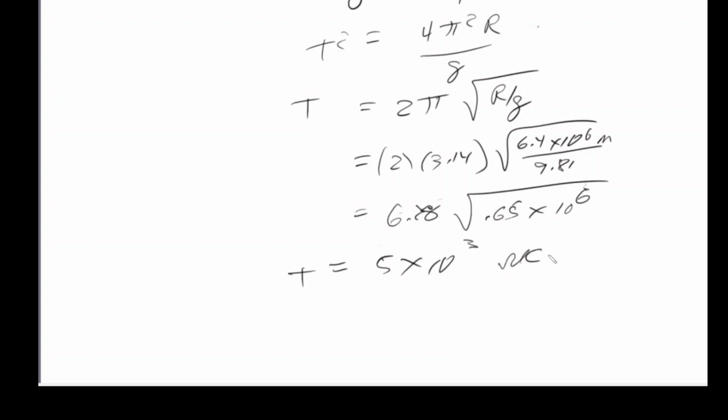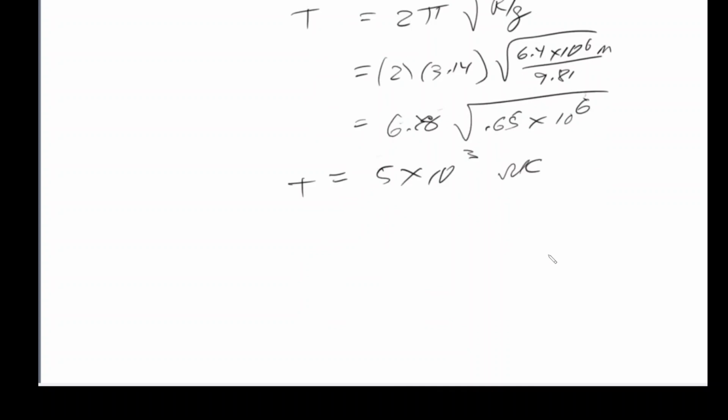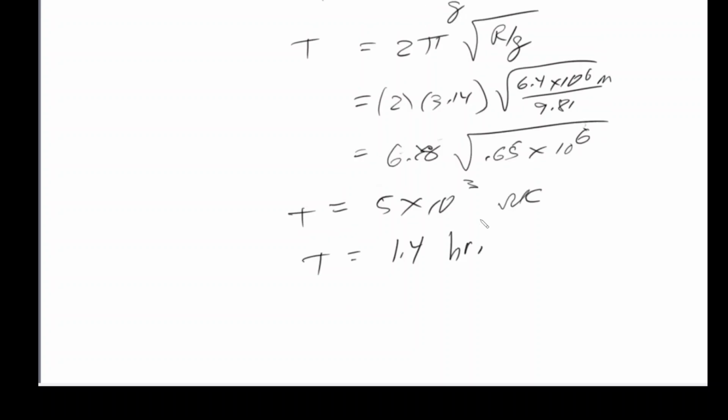And if you divide by the number of seconds in an hour, you get t is equal to 1.4 hours. That's the rotational speed the Earth would have to spin to make an object at the equator weightless.